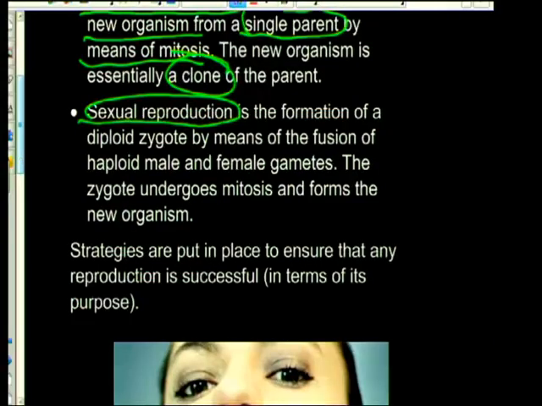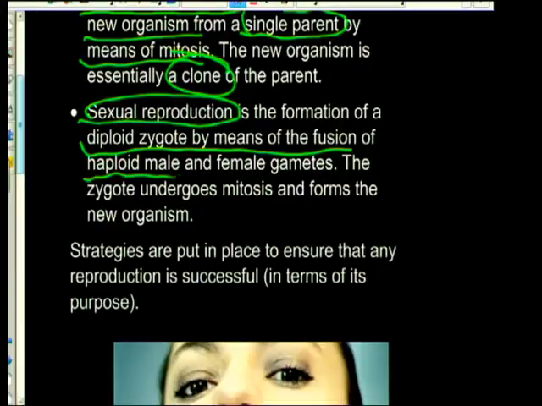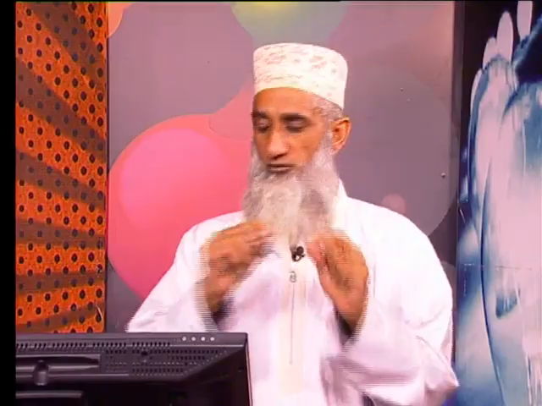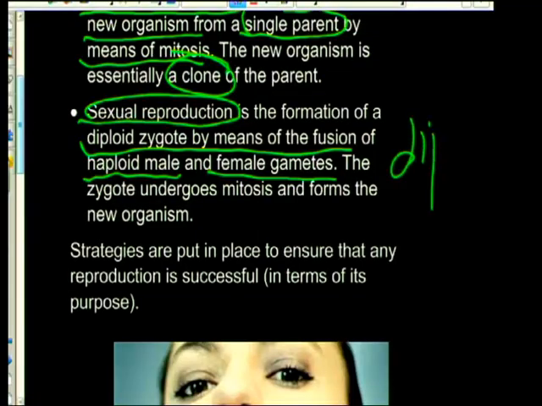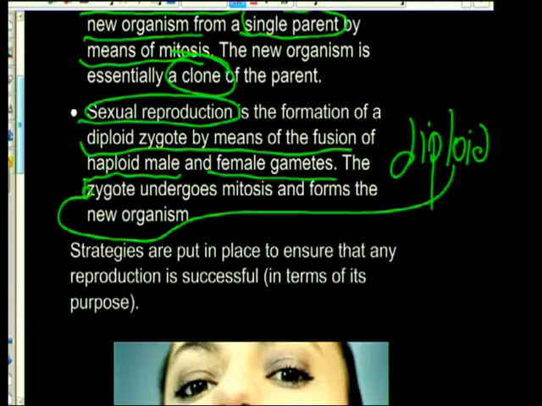Sexual reproduction is the formation of a diploid zygote by means of fusion, joining of haploid male and female gametes. Now, none of these words are new to you. Haploid, gametes, sex cells, and obviously when these two fuse, haploid fuses with haploid, we get a diploid zygote forming there.